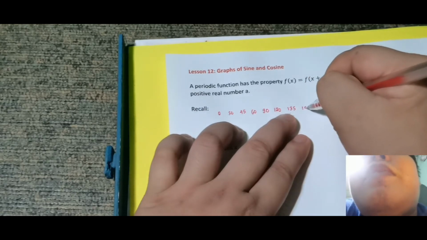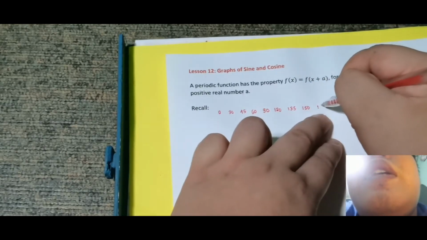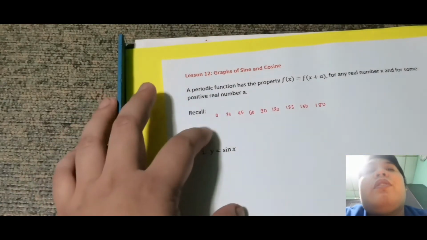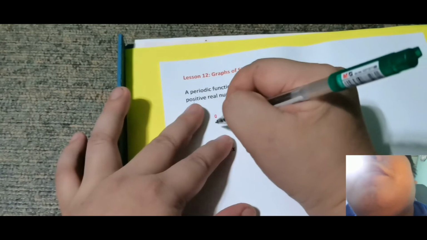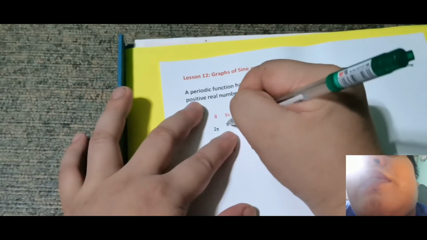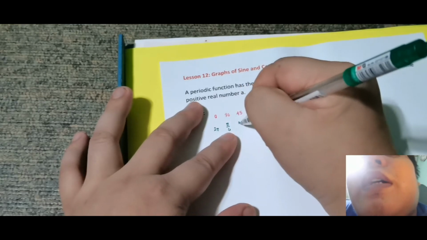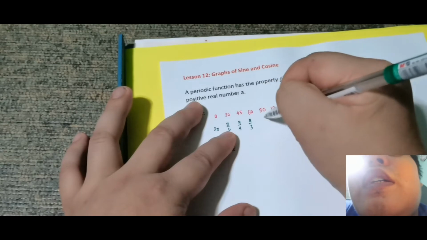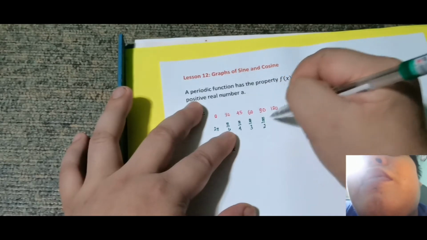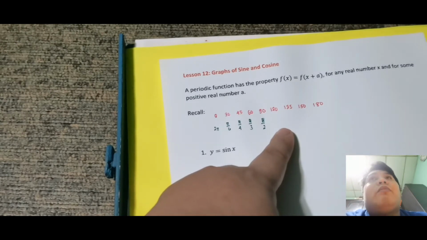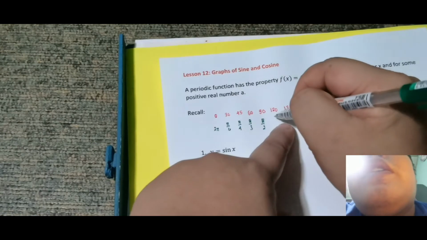Okay, then 150, tapos 180, and so forth. So ito lang naman yung mga familiar lagi. So for 0 degree, that is 2 pi, equivalent niya. So this is pi over 6, this is pi over 4, this is pi over 3, this is pi over 2, and this is pi over 3 plus pi over 3, that is 2 pi over 3.